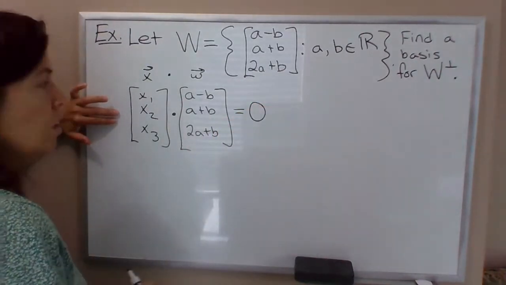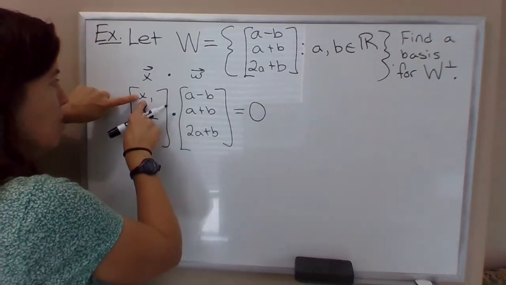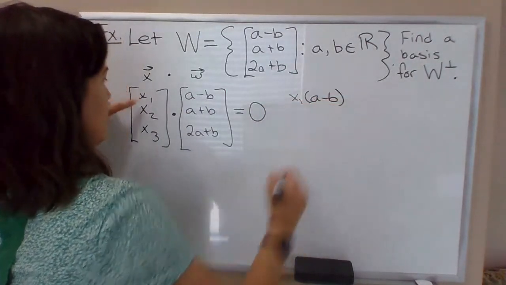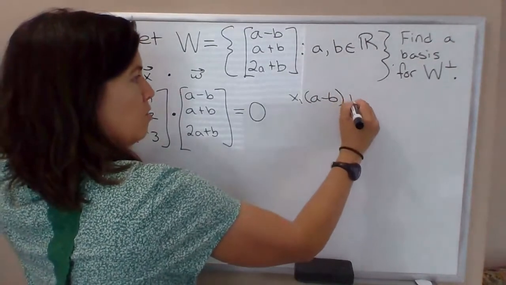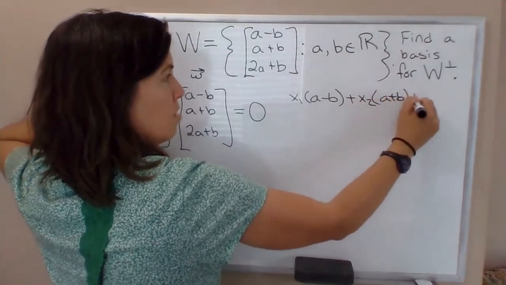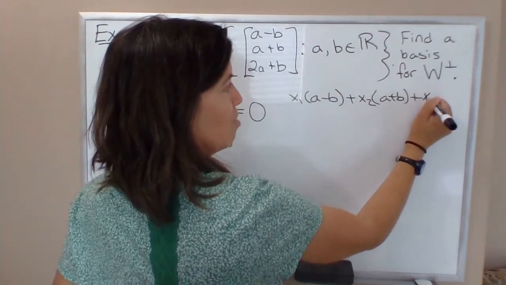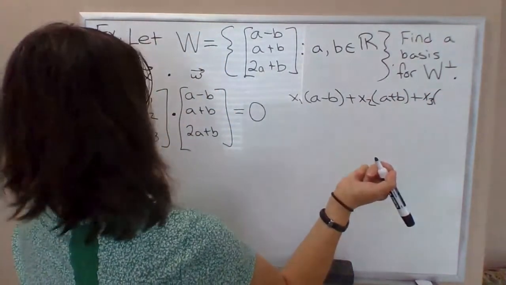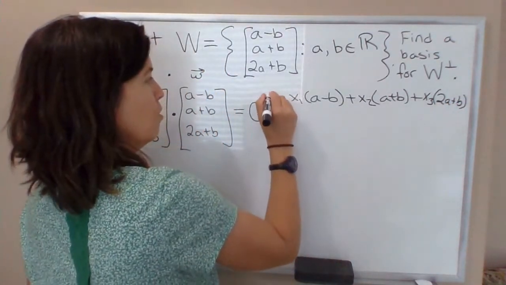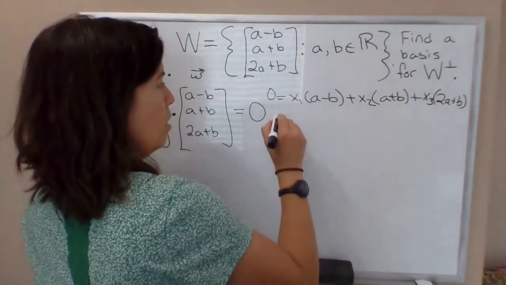The way we calculate the dot product is first entry times first entry, so x1 times A minus B, plus the product of the second entries, x2 times A plus B, plus the product of the third entries, x3 times 2A plus B. I'm going to put the equal 0 on the other side.